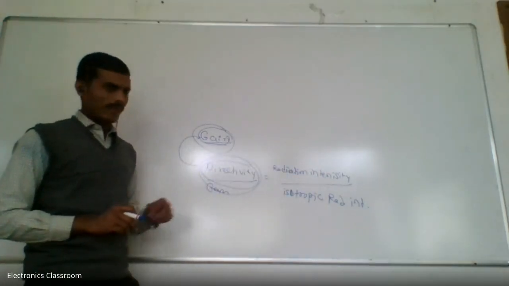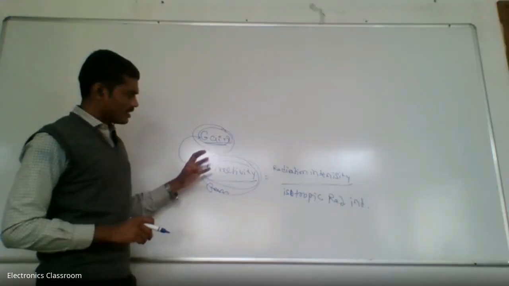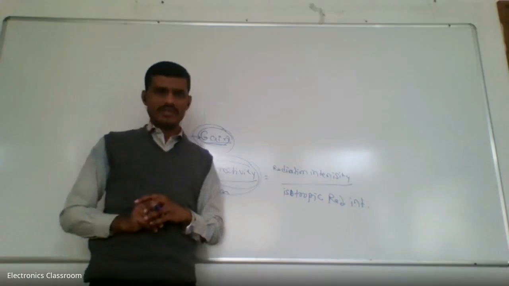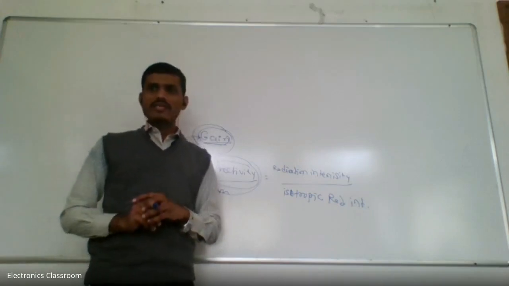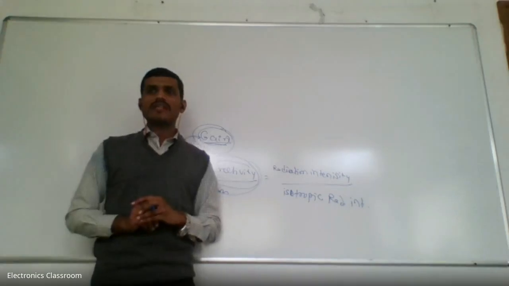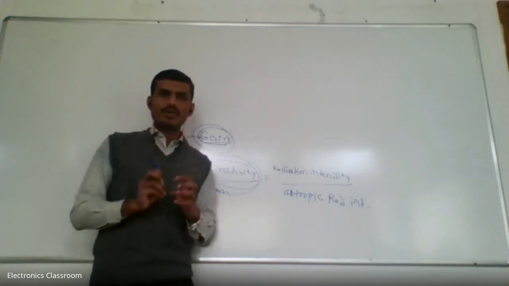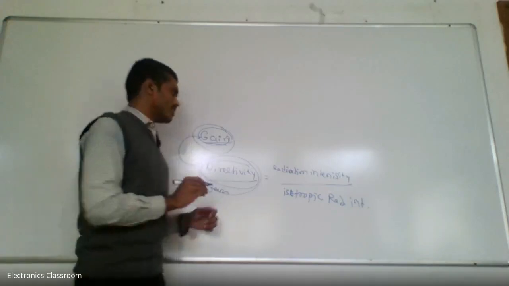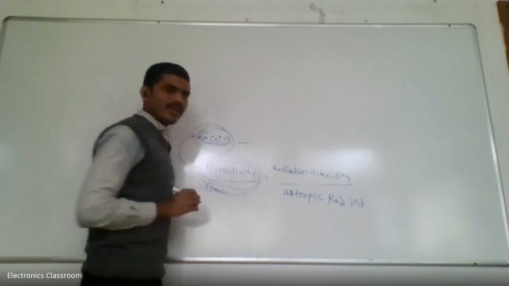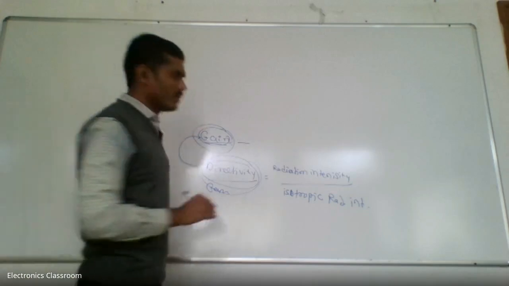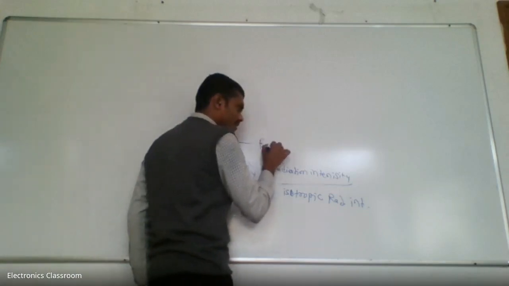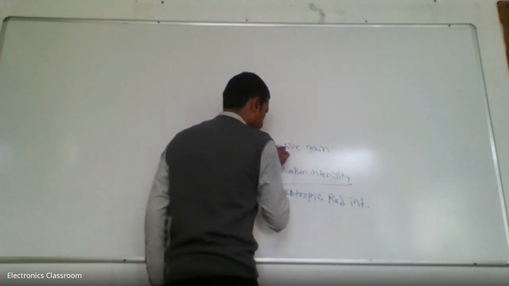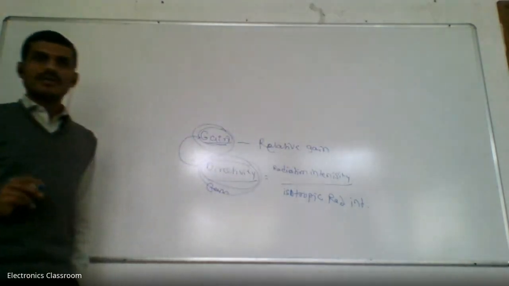Now the next point is the gain. Gain is totally related to the directivity. Is that clear? And there are two different concepts for the gain. The first concept is only gain, and the second concept related to the gain is known as relative gain.